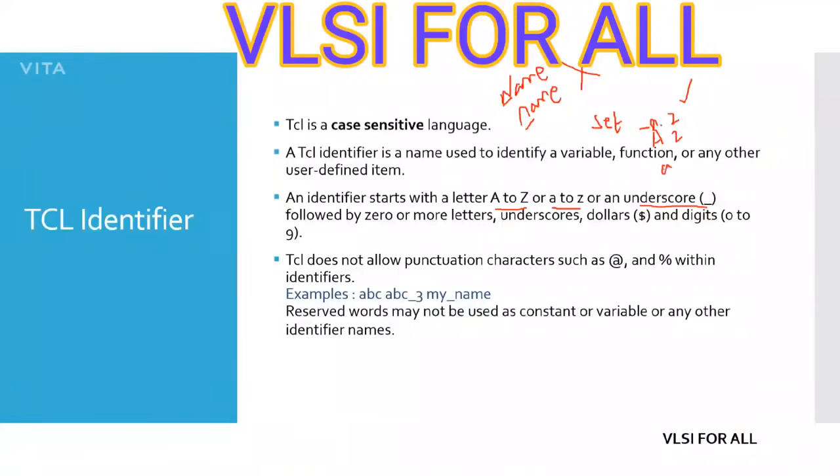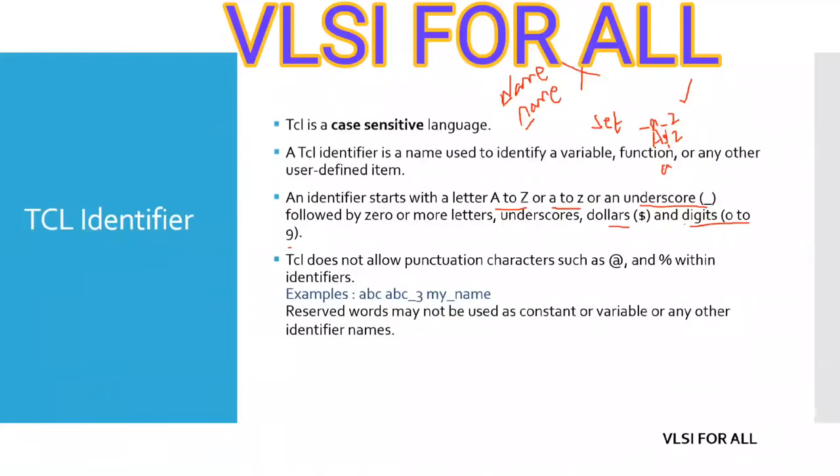Then from the second letter onwards, it can follow using any of the alphabets again, caps or small, or there can be an underscore, or there can be a dollar symbol, or there can be any digits from 0 to 9. But a dollar symbol or digits cannot be there as a first letter. It can follow after the first letter, but it cannot be there in the first place.